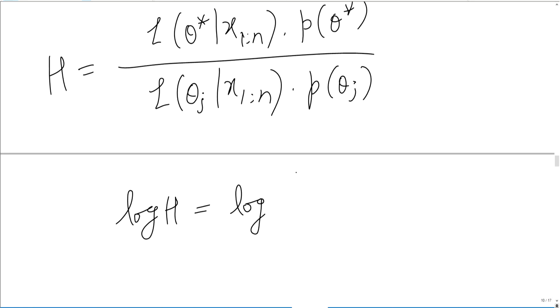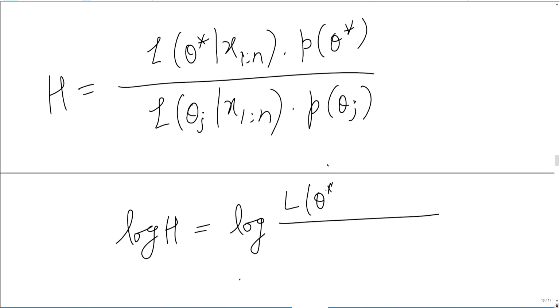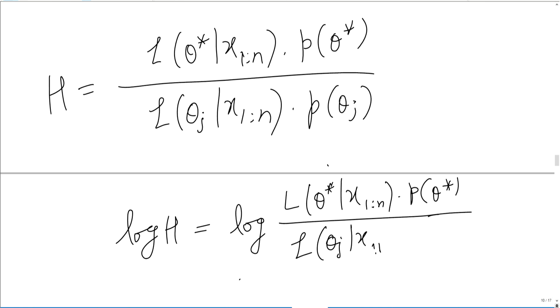Log of h would be log of the likelihood of theta star given x1 to n, times the prior density of theta star, divided by the likelihood of theta j given x1 to n, times the prior density of theta j.